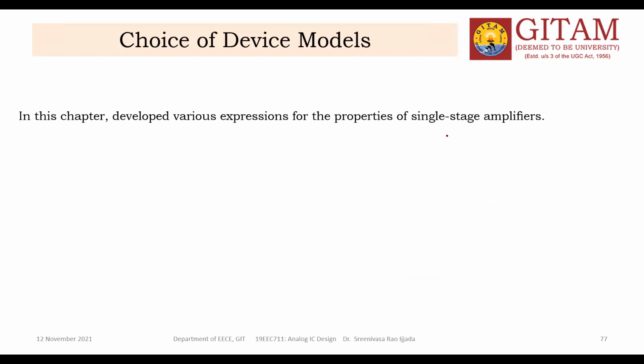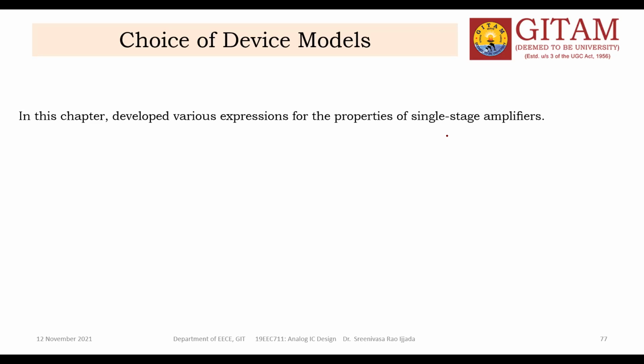We have some doubts. In this module, we started from the CS stage, then the source follower, cascode, and folded cascode. We studied many things.